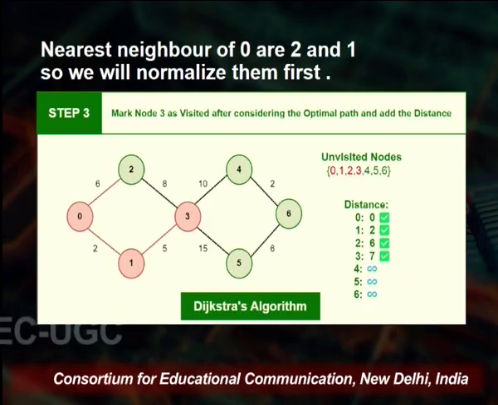But now there are 2 paths to reach 3: we can use 2 as the intermediate node or we can use 1 as the intermediate node.